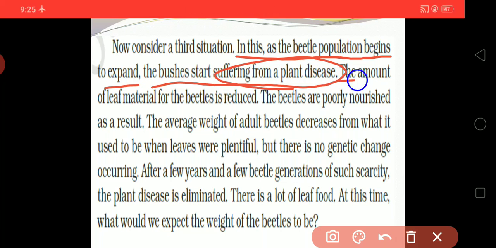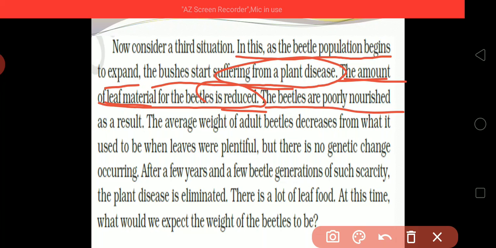So the amount of leaf material for the beetle is reduced, the amount of leaf material which is necessary for their nutrition. Its amount of leaf material has reduced. So the beetles are poorly nourished as a result.